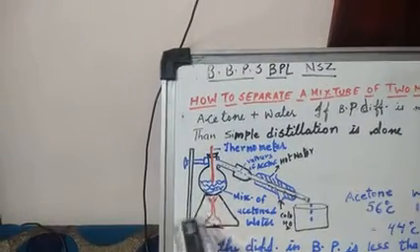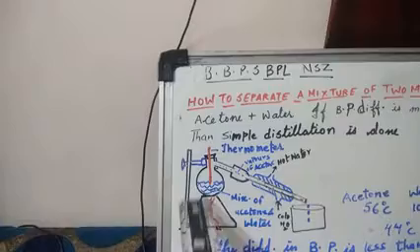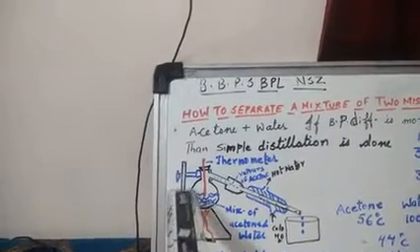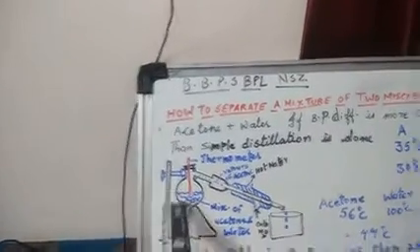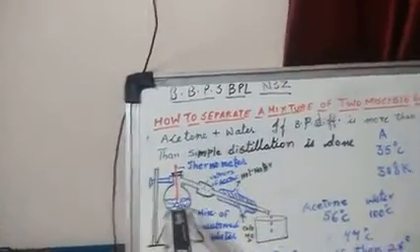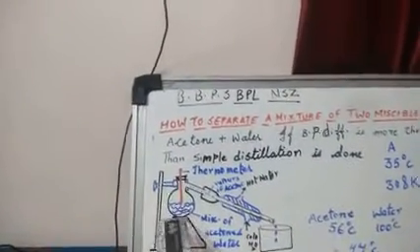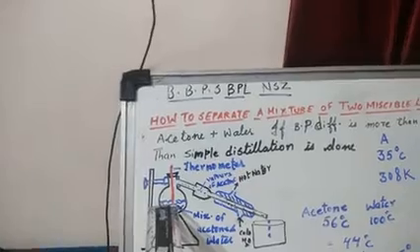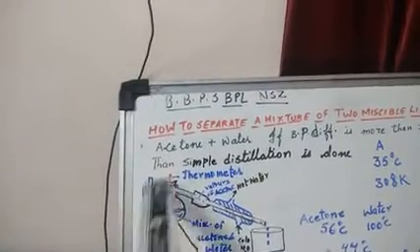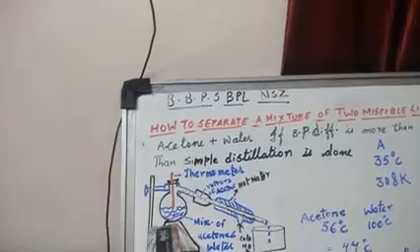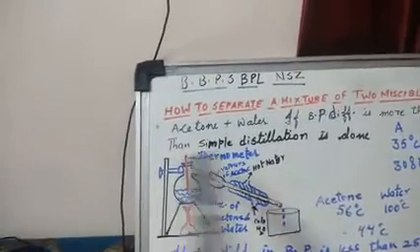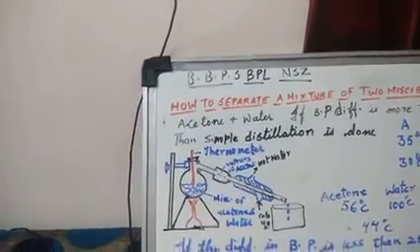If this mixture is heated by using some burner, keeping in mind that the boiling point of acetone is 56, up to 60 degrees Celsius we are raising the temperature so that all acetone gets evaporated, vaporizes, leaving behind what? Water, because water will boil at 100 degrees Celsius.